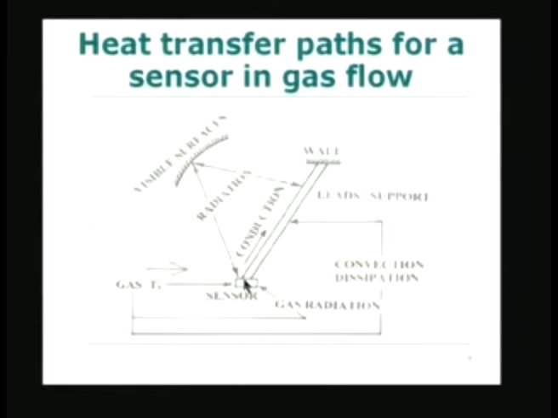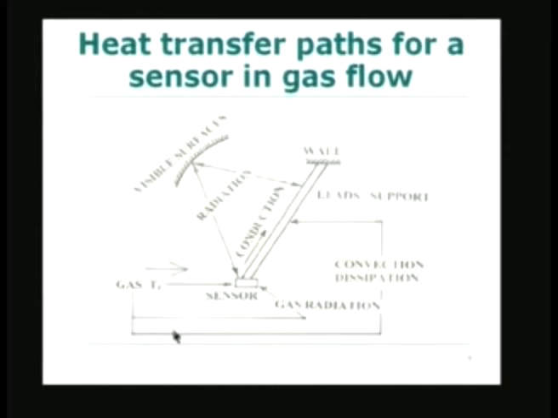So, the equilibration or equilibrium will be achieved when the amount of heat transferred from the gas to the sensor is exactly balanced by the heat losses through various means, the conduction error, the radiation error, and so on.